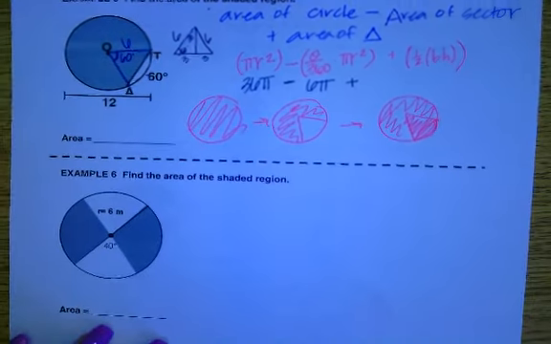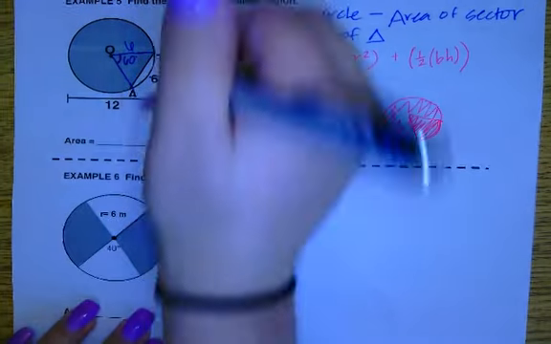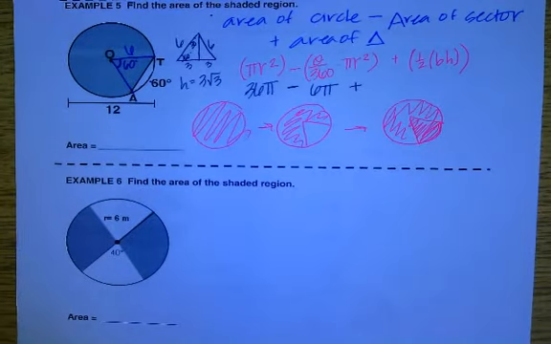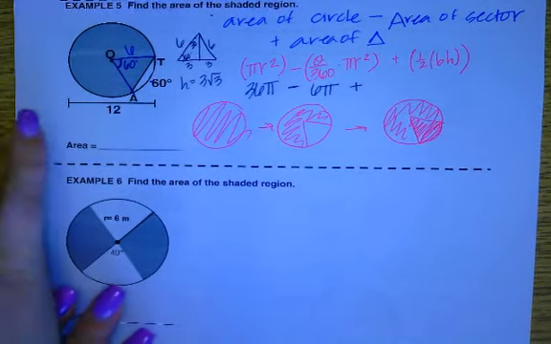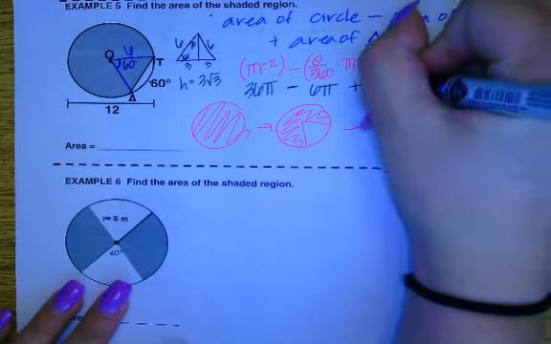Very good. What's the area of the triangle? 15.588. Very good. Okay, so in your calculator, round to the nearest hundredth to figure out the shaded area.